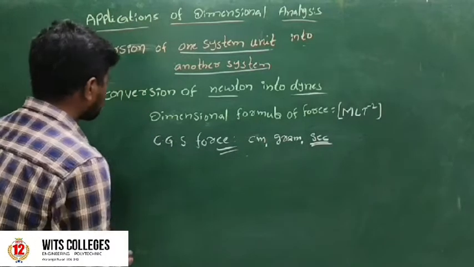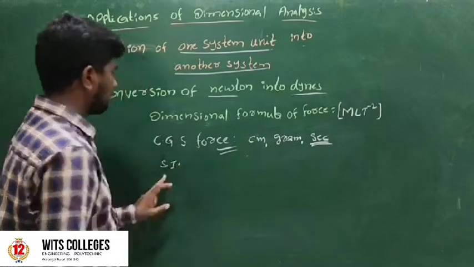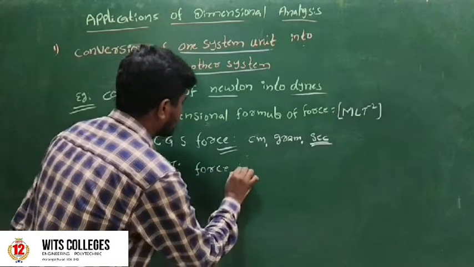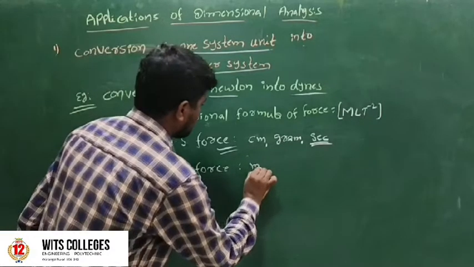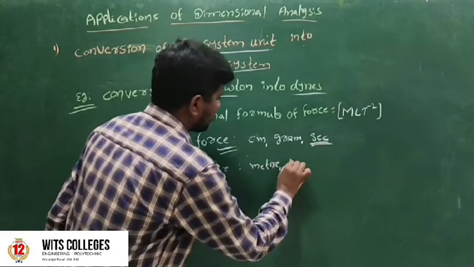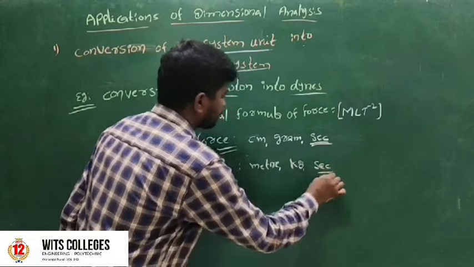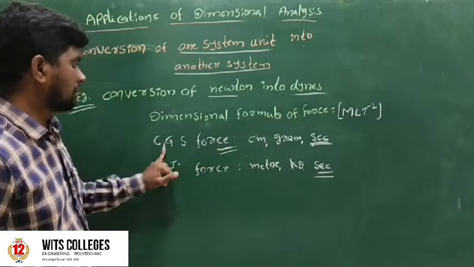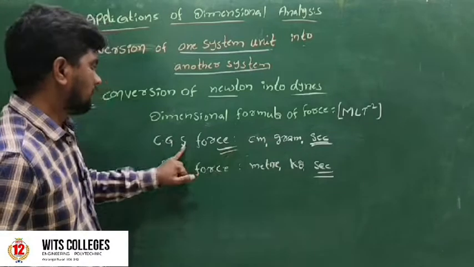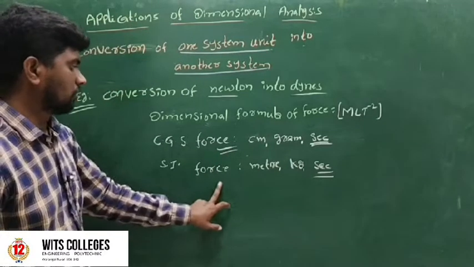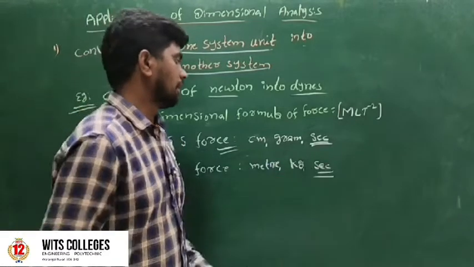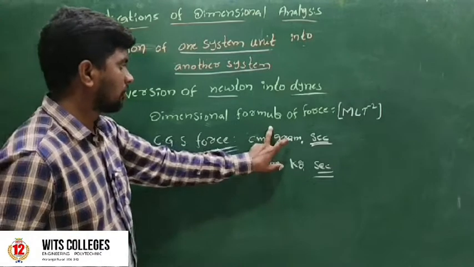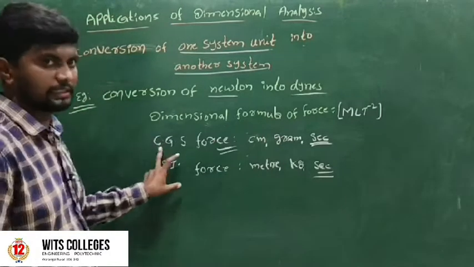The SI system is meter, kilogram, second. Repeat once again: in the CGS system of force, C stands for centimeter, G stands for gram, S stands for second. In the SI system, meter, kilogram, second. Next is the dimensional formula of force in the CGS system and the SI system.